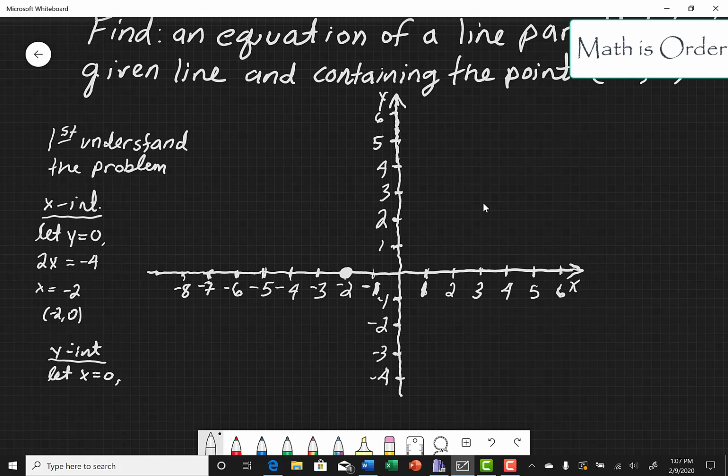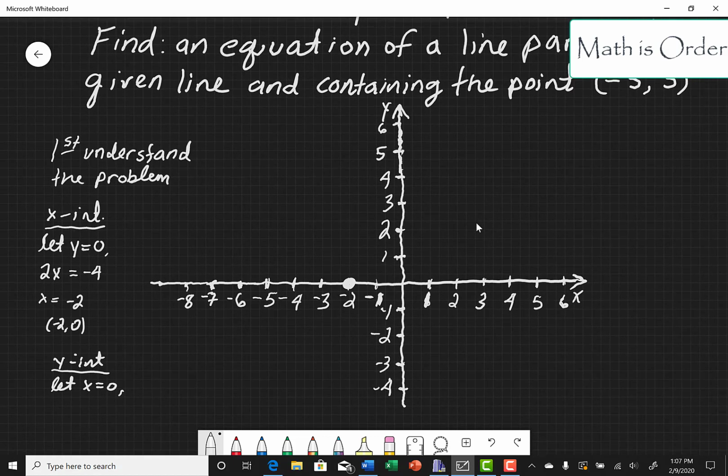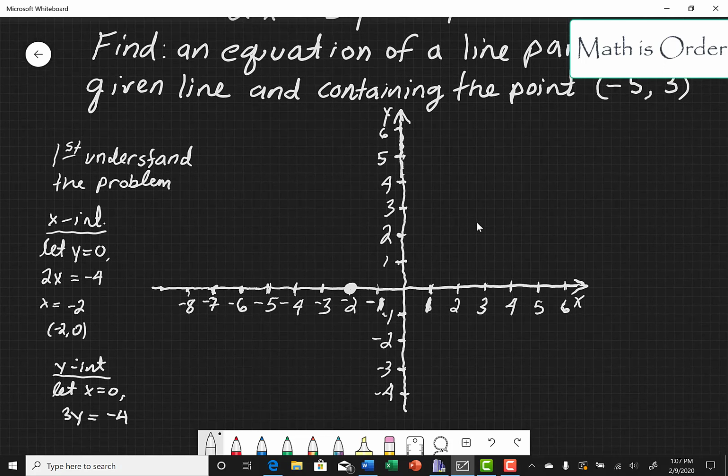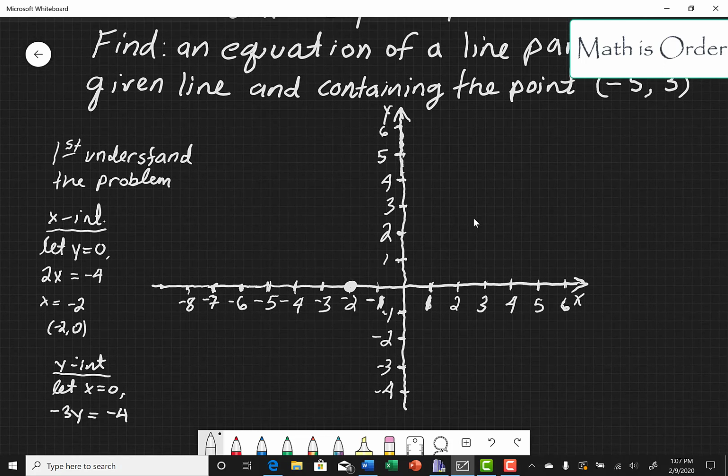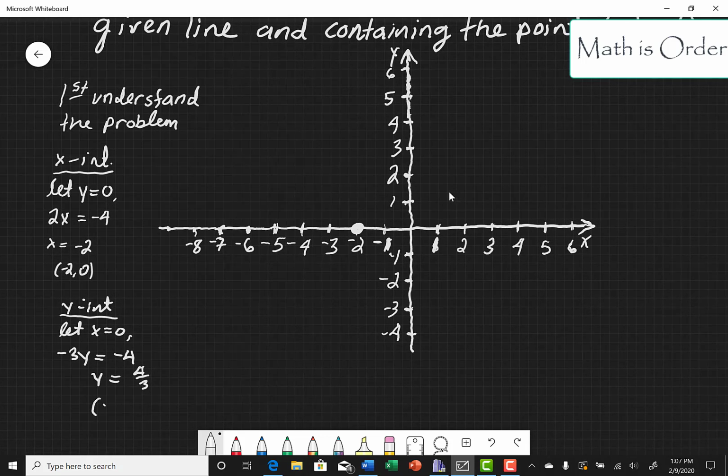So when we let x equal 0 in our equation, we're going to have -3y equal -4. It's negative, which gives us that y is 4/3. The y-intercept is at 0, 4/3, which is a little bit over 1.